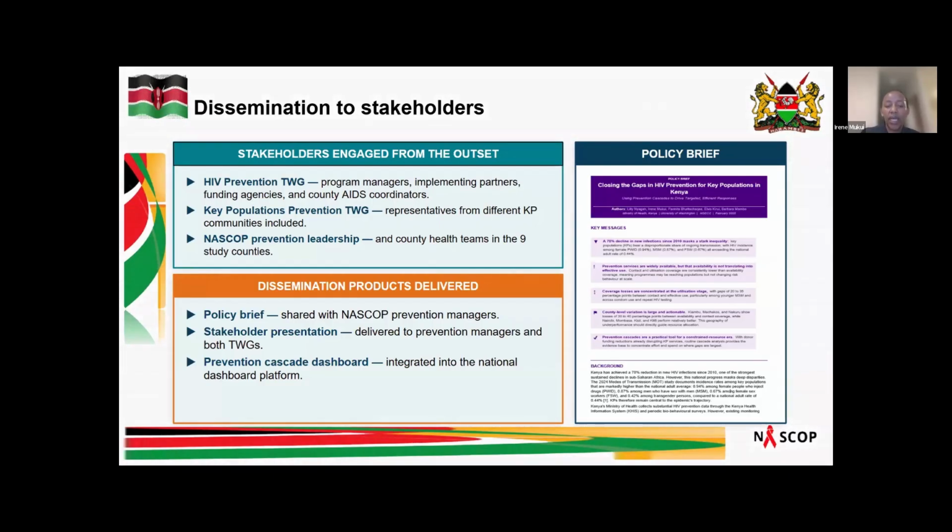These were engaged not just at the beginning, but also when we were finished with the development of the cascades. We developed a number of dissemination products. We developed a policy brief that you can see on the right-hand side, and this was shared with the National AIDS and STI Control Prevention Managers. We also made PowerPoint presentations to the prevention technical working groups, and the prevention cascade dashboards have been integrated into the national dashboard platform where we have other dashboards. Next slide.